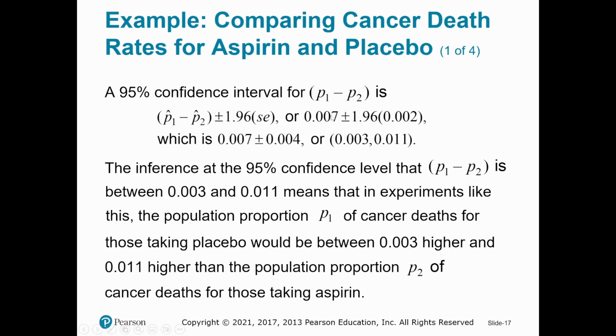And this is your standard error that we calculated by taking the square root of that whole thing a couple of slides ago. And what do we get? We get a lower bound of 0.003 and an upper bound of 0.011. Now, put on your Stats 1 hat.